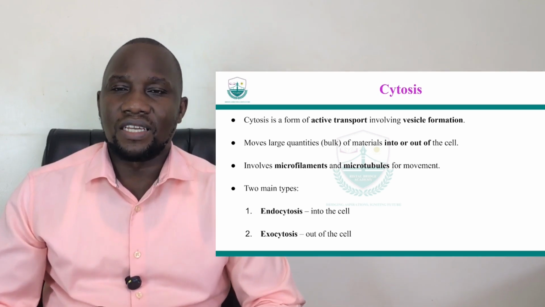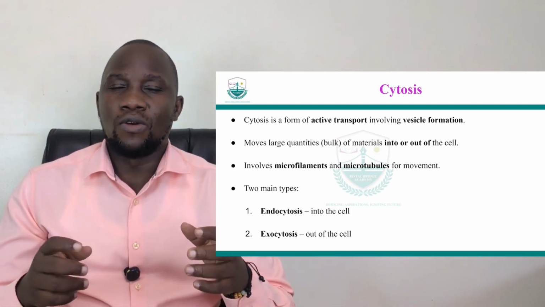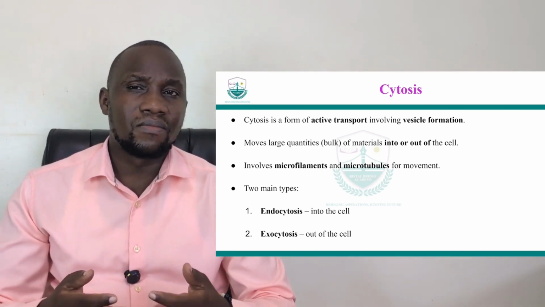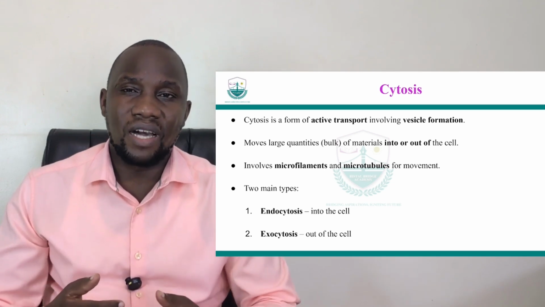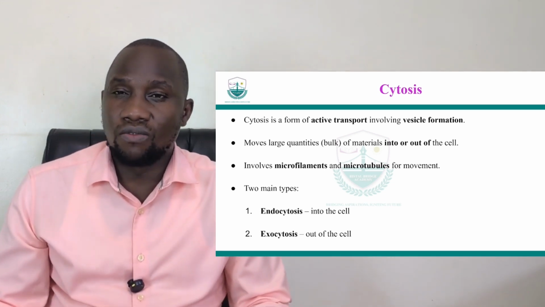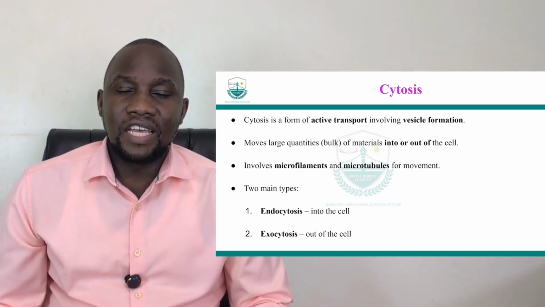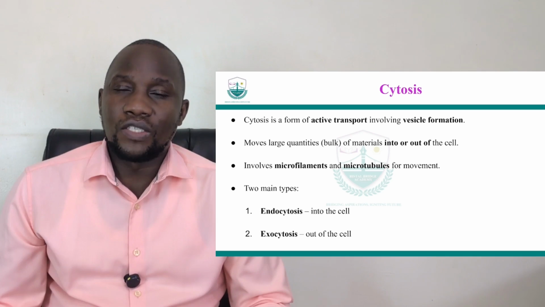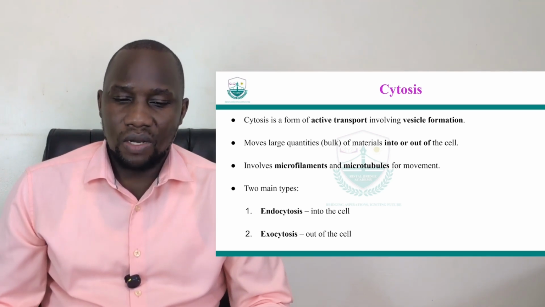What process is that? Is what they have captured in liquid form? Is it a solid particle that they have captured? What structures do they use for capturing? So cytosis is a form of active transport involving vesicle formation, and we shall look at that.